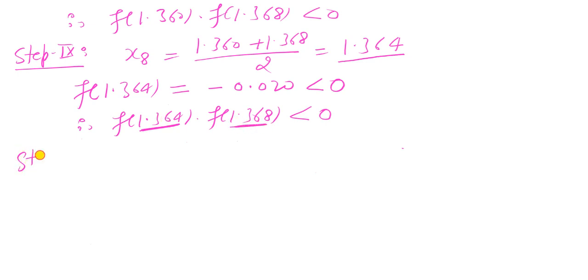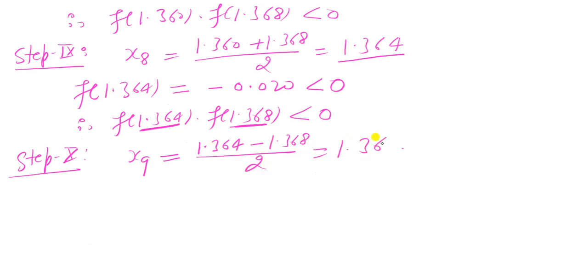So in step 10, the ninth approximation, which is denoted by x9, is equal to (1.364 plus 1.368) divided by 2, and this value is 1.366. So here the functional value at x equal to 1.366 is 0.013, which is positive. This functional value is positive, but in step 9 this functional value is negative.